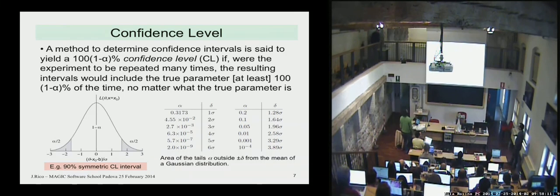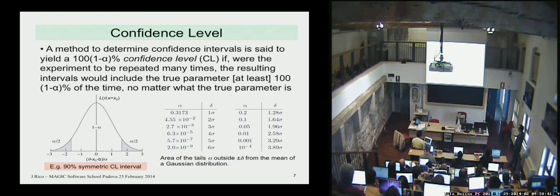Okay, now imagine we have this estimator here, this likelihood, sorry. If the likelihood had this Gaussian shape, we can very easily define a confidence interval which has a very exact confidence level based on the values in this table. So this is alpha, which is related to the confidence level by this formula here.